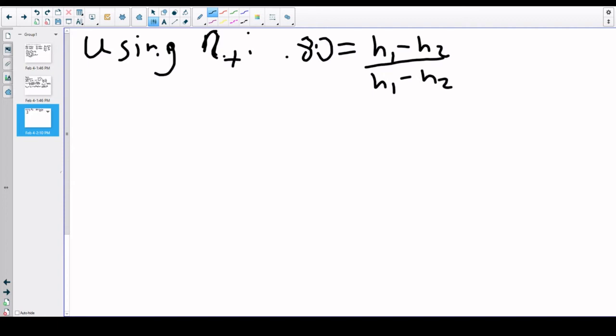So once you maneuver the equation, you should end up getting something like H2 is equal to H1 minus 0.8 times H1 minus H2S. H2 then ends up being 2272.9 kilojoules per kilogram.